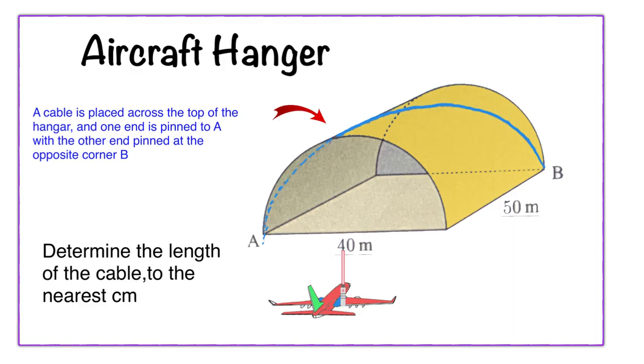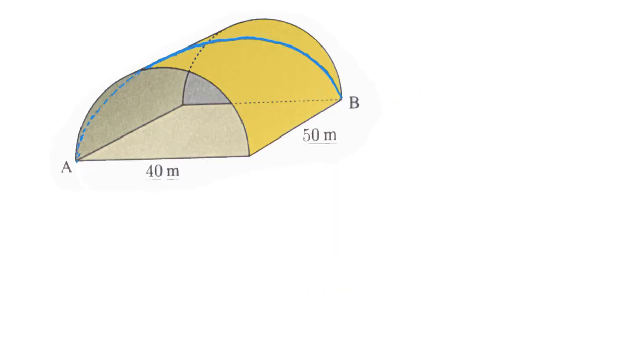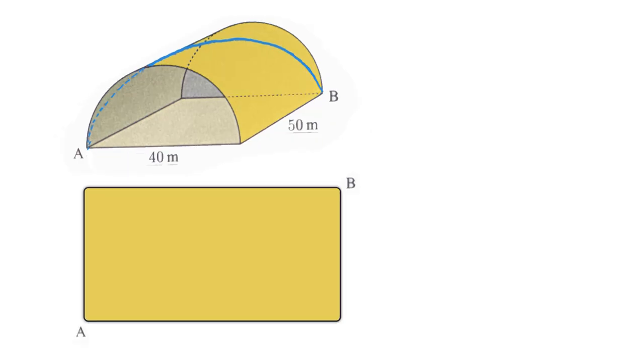So our hangar is 40 meters wide and 50 meters long. This problem can only be solved if you can realize that we can flatten the roof so that the left corner is A and the upper right corner is B, and therefore this side here is going to be the length of that hangar, which is 50 meters.